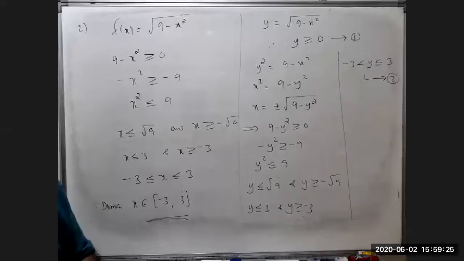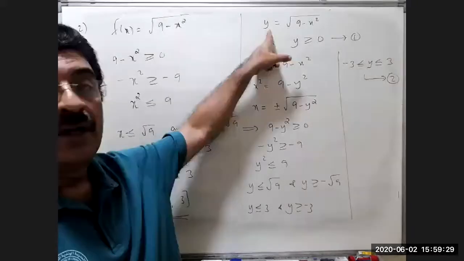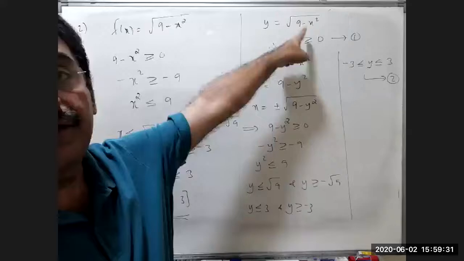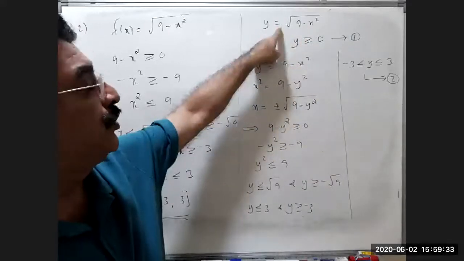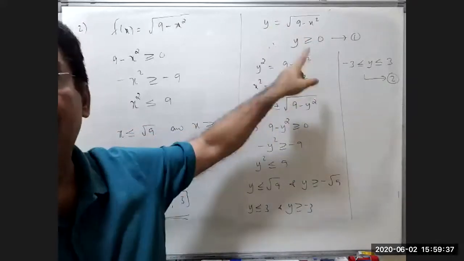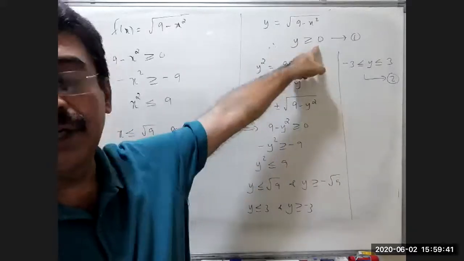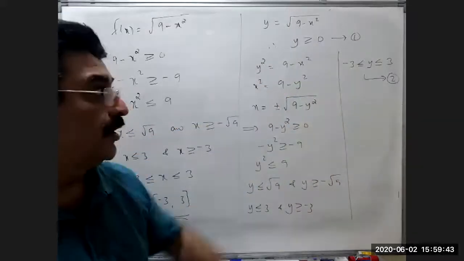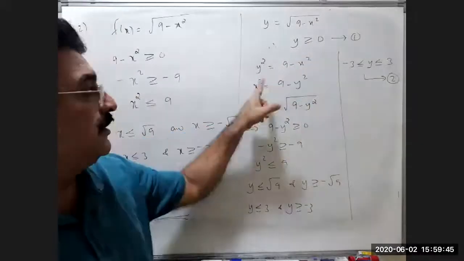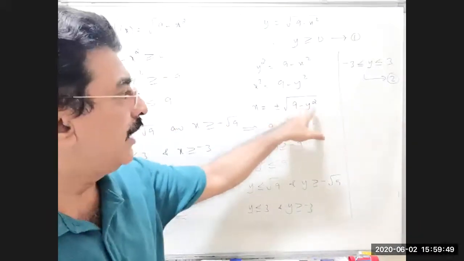First one, see that y, this is a good question. y is root of 9 minus x square, the positive square root taken. By observing it itself, we can make out y is non-negative, it should be greater than or equal to 0. Now, while writing x in terms of y, we observe 9 minus y square.